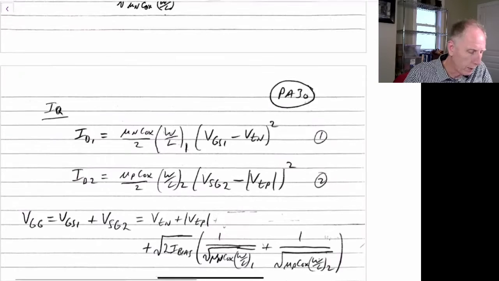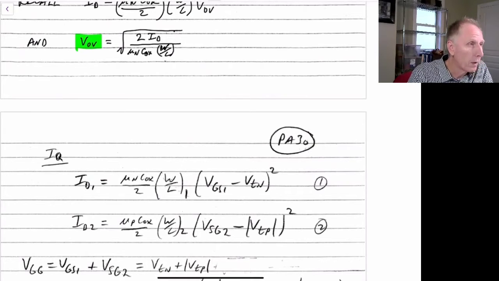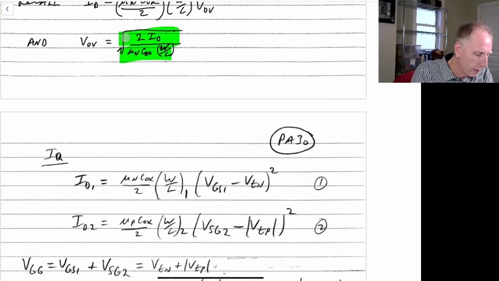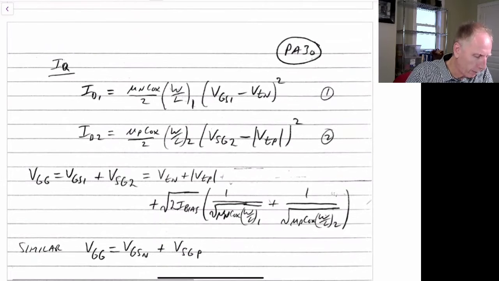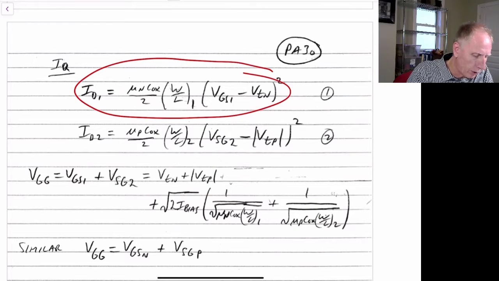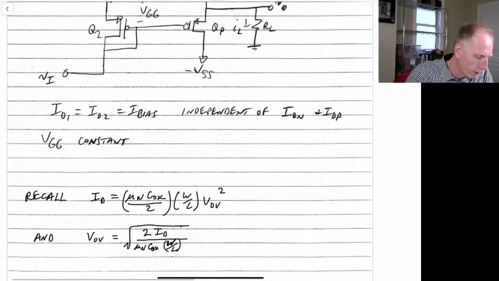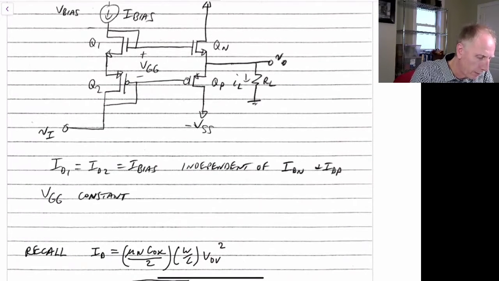Now, using the equation that we have here, we can invert these two equations to find VGS1 and VGS2, and then we can see that VGG, the voltage here, is just going to be equal to VGS1 plus VSG2, this voltage plus this voltage.